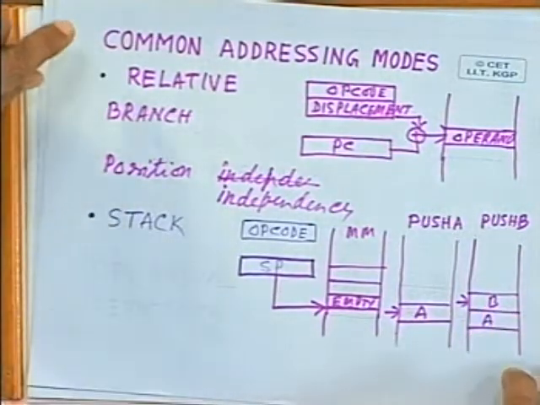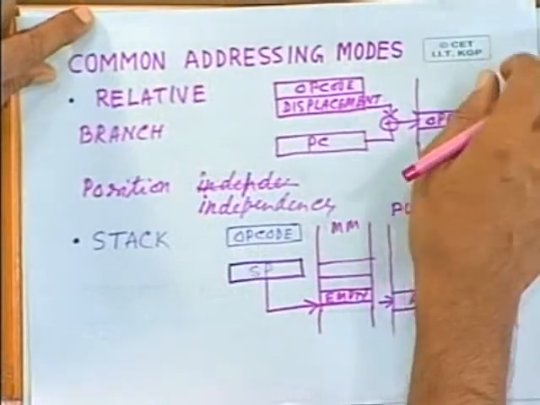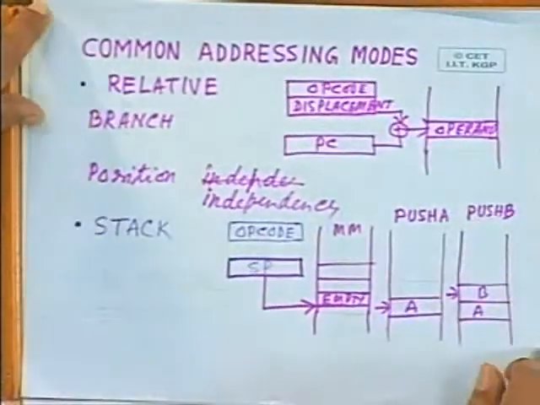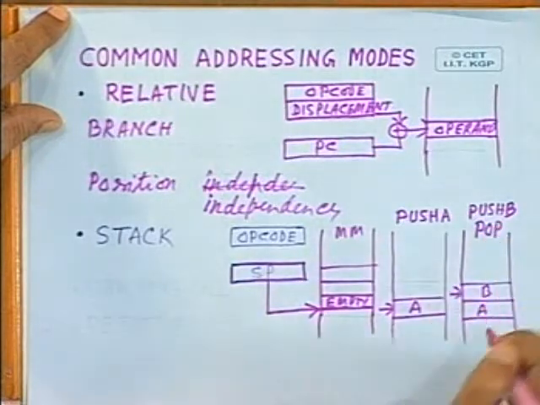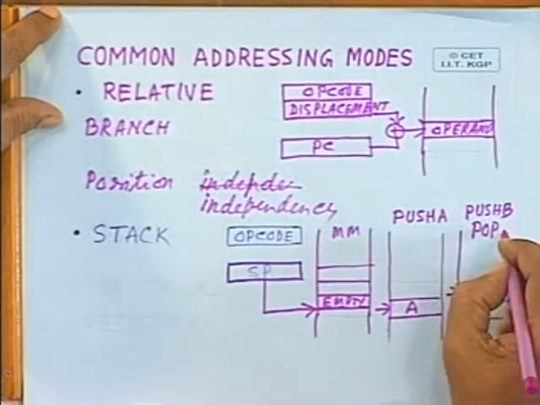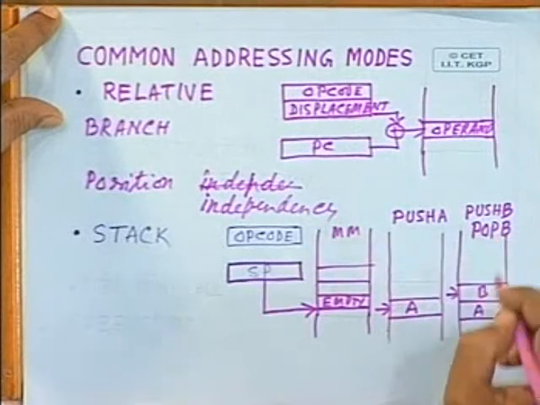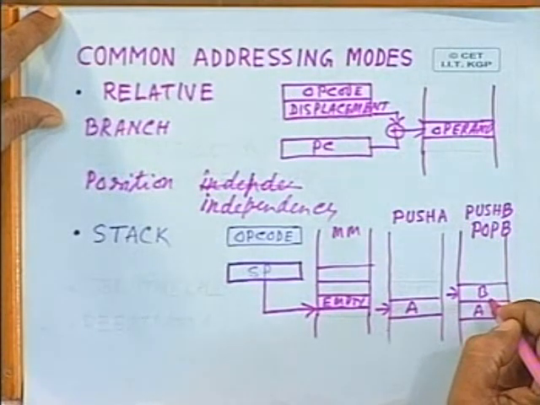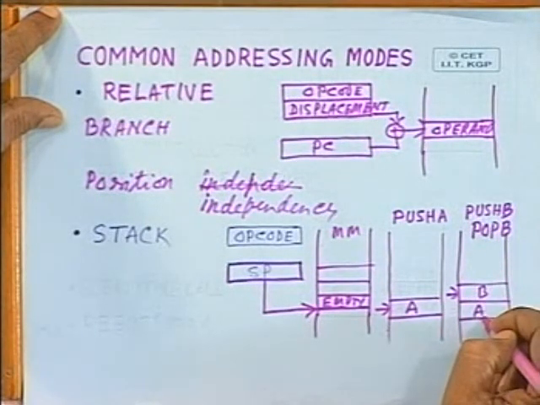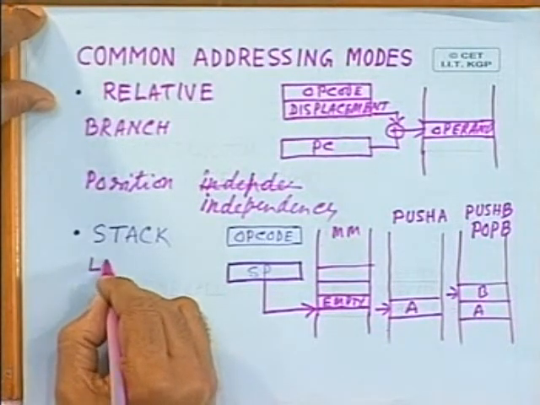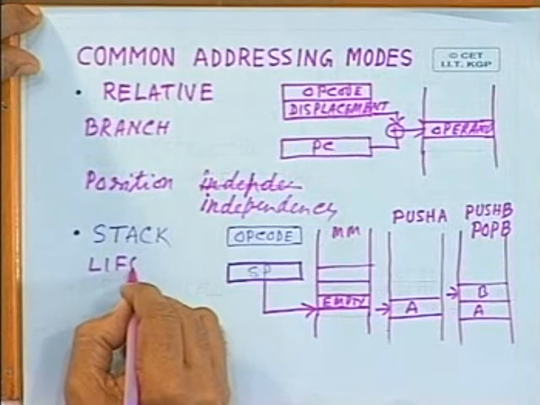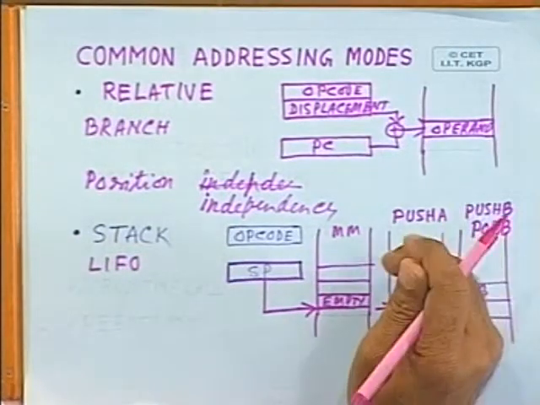You can perform the reverse operation known as pop. If you perform pop, you will be taking out this element first, then this element. That is how you are implementing a data structure known as LIFO, last in, first out.